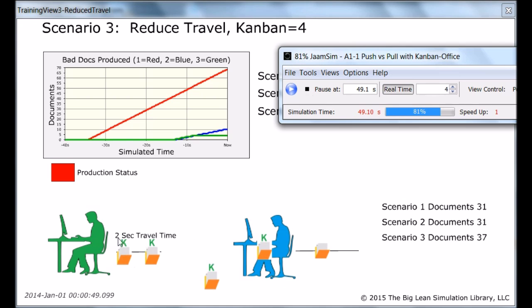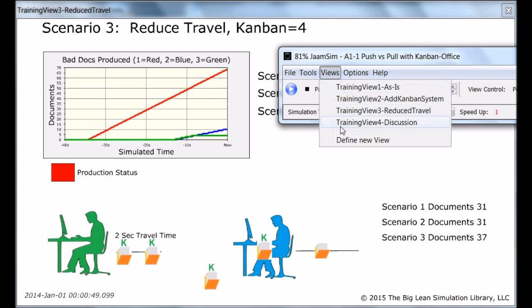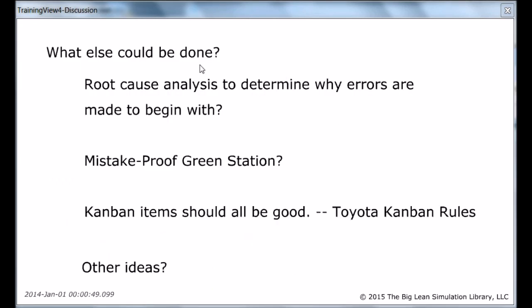So by reducing the number of Kanbans that we needed, we were even able to fine-tune it even more. So with that, I open it up for discussion. And think about what else we could do. Could we do a root cause analysis to determine why the error was made to begin with? If you Google why there are errors in documents, pointing to the wrong database is a very common error.